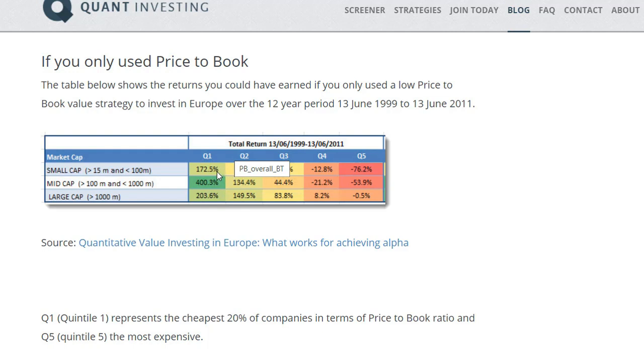And you can see here that it doesn't matter if you took the small cap, the mid cap, or the large cap stocks here, and took the best Piotroski scores, it would have significantly outperformed the market. In the next quintile, from 20 to 40%, it's still outperformed, but you can see it's getting worse and worse when we get further down.